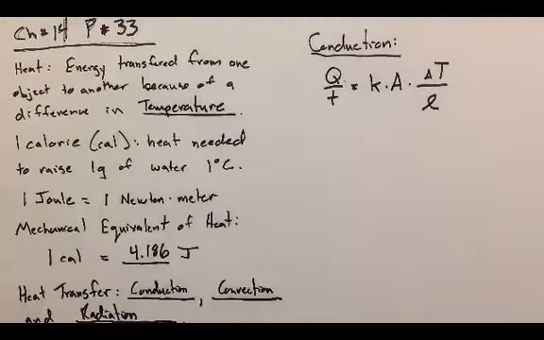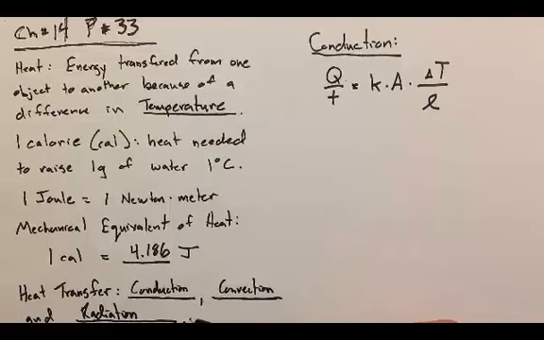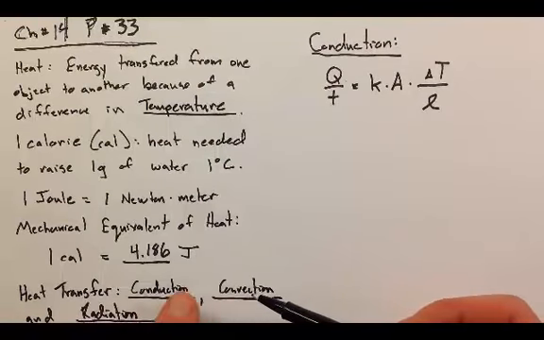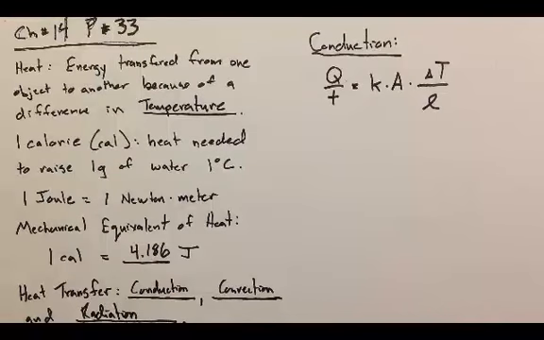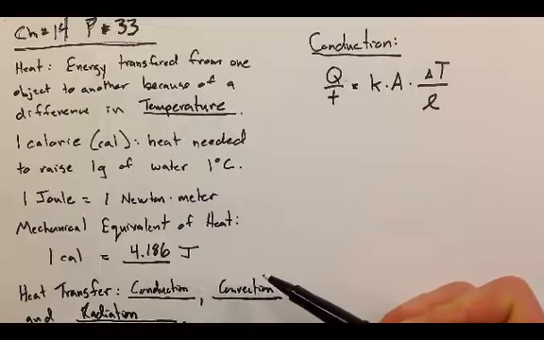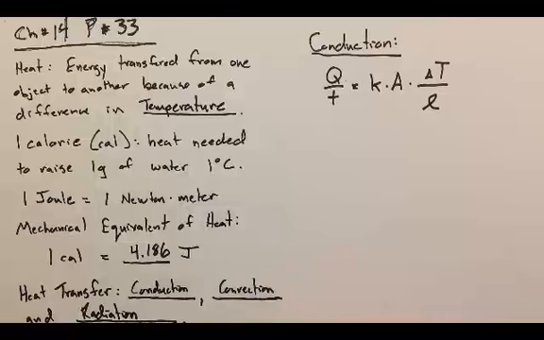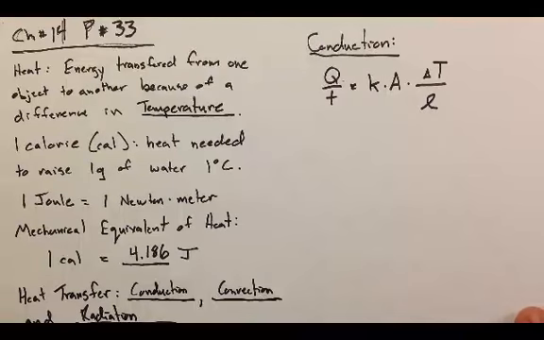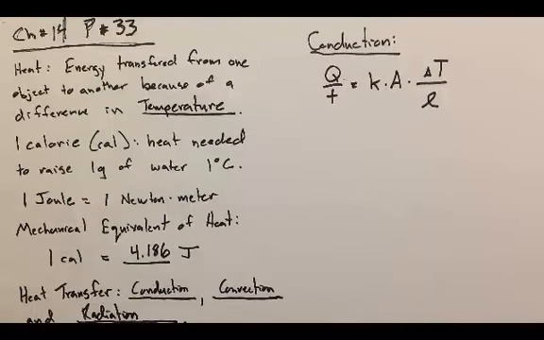And of course, you guys know plenty about radiation. In conduction and convection, 2 things have to be in contact, whether they're solids in conduction or liquids in convection. Radiation, for instance, radiation that comes from the sun, there is no material object between the Earth and the sun.